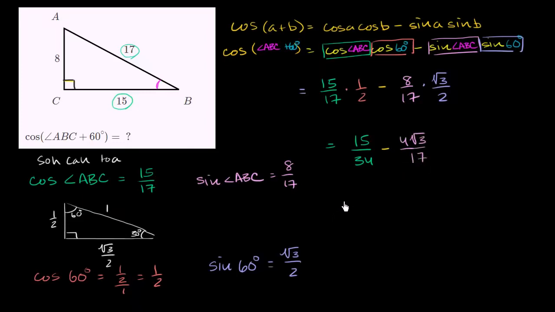And that's about as simple as I could do it. If I wanted, I could have a common denominator here of 34, but that still won't simplify it that much. So this is a reasonably good answer for what they are asking for. 15 over 34 minus 4 square roots of 3 over 17.